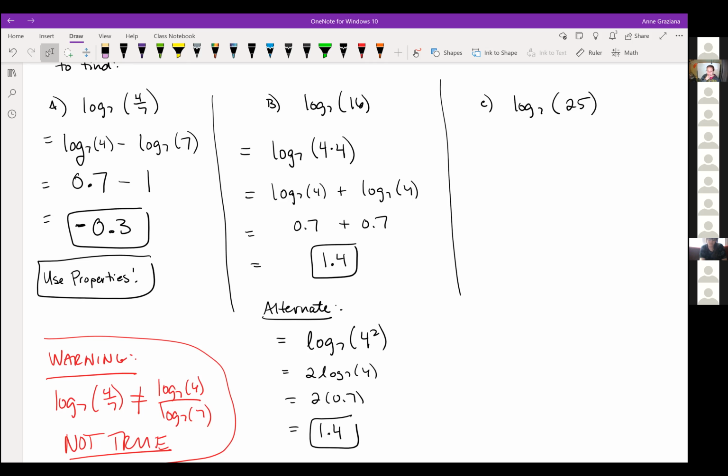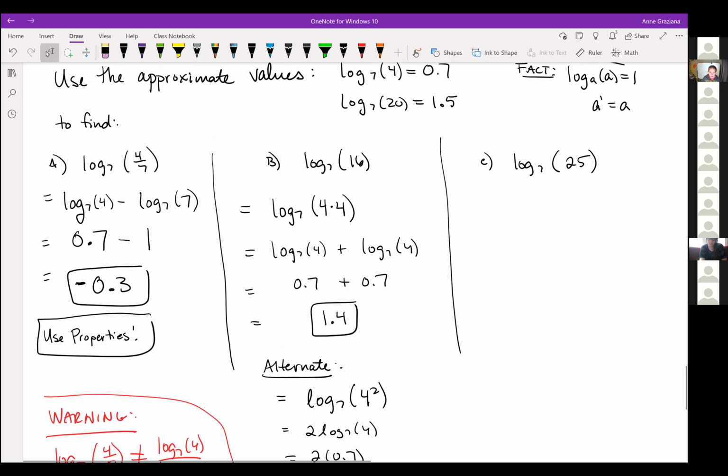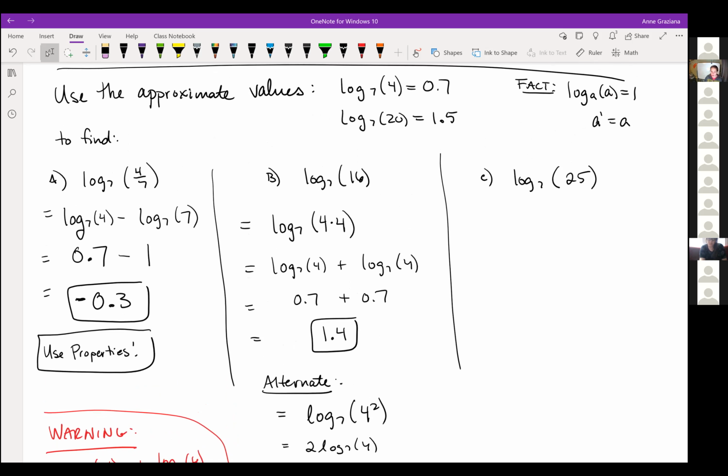Now, the next one's a little bit trickier because I have to rewrite 25 in a way that gets me either 4 inside or 20. I can't just do 20 minus 5; I don't know anything about 20 minus 5, FYI. The property doesn't tell you anything about subtracting inside. I have to take that inside and write it as a power, a product, or a quotient.